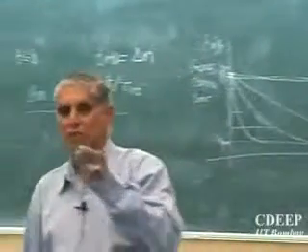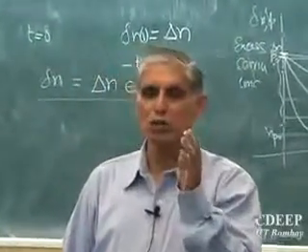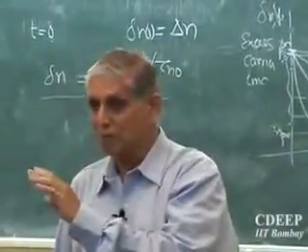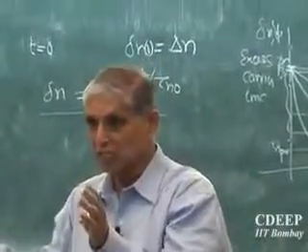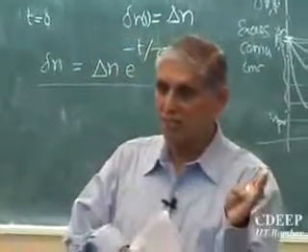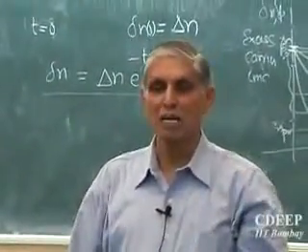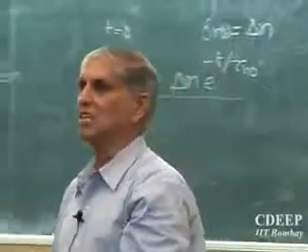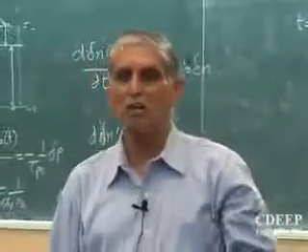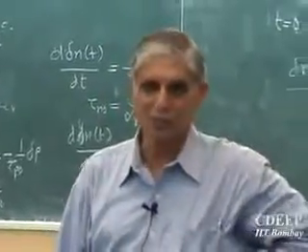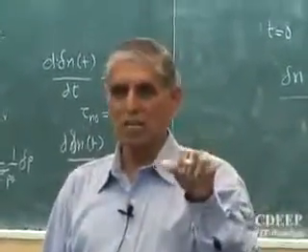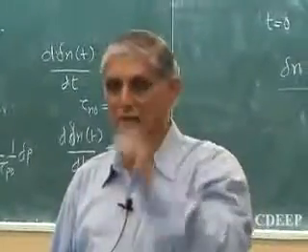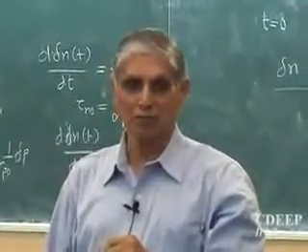This is very relevant. Whether we want to keep electrons or minority carriers for a longer or shorter time in particular regions depends on what we are looking for from the device. For example, in a transistor, if you want a higher gain, the electron lifetime in the p base of an NPN transistor should be large enough.